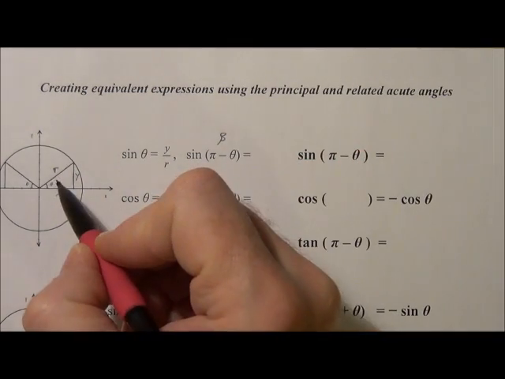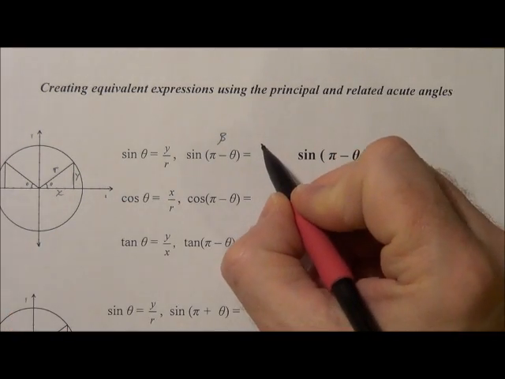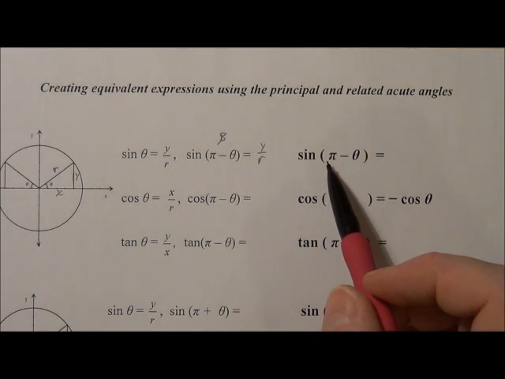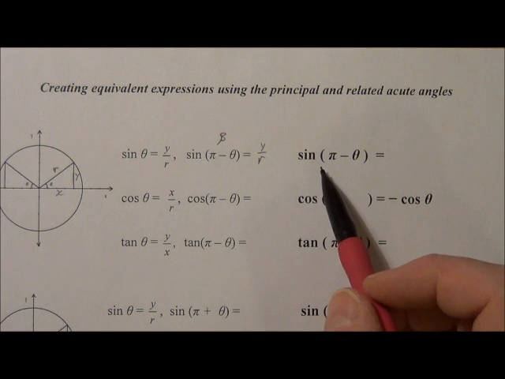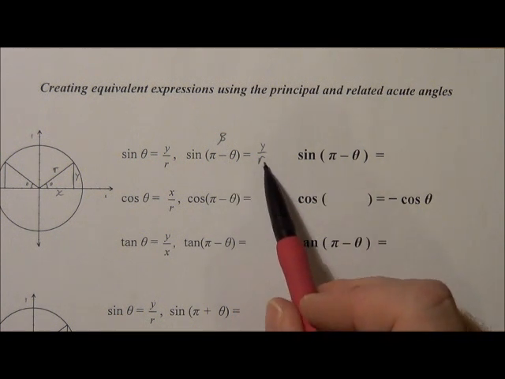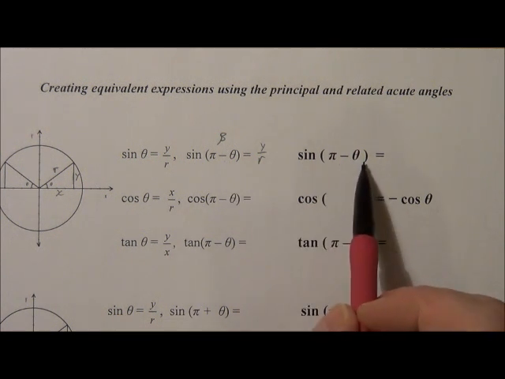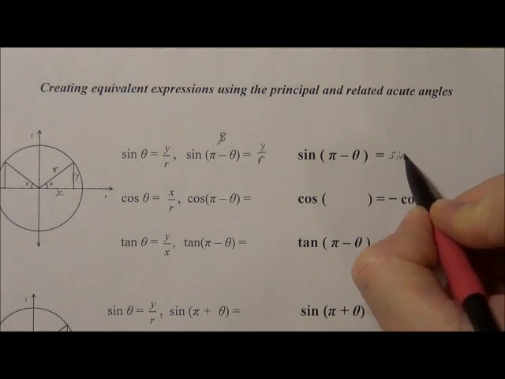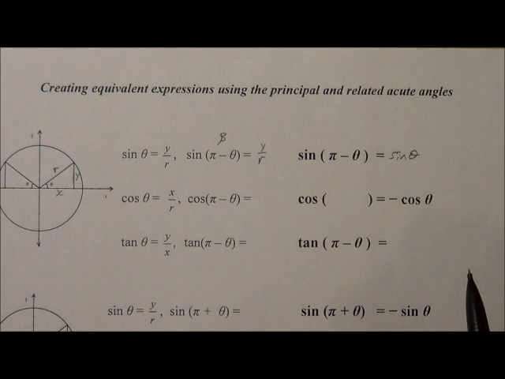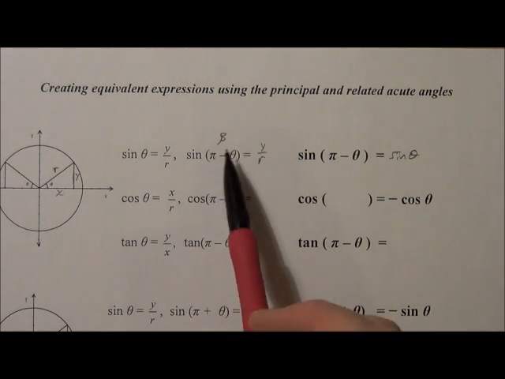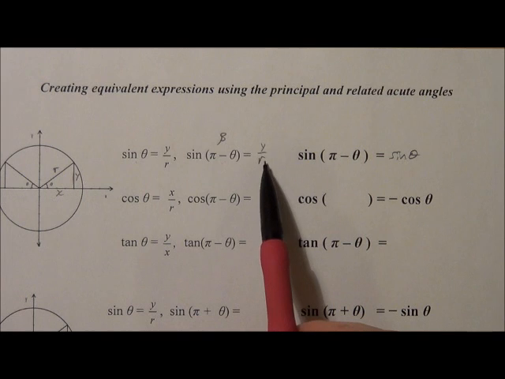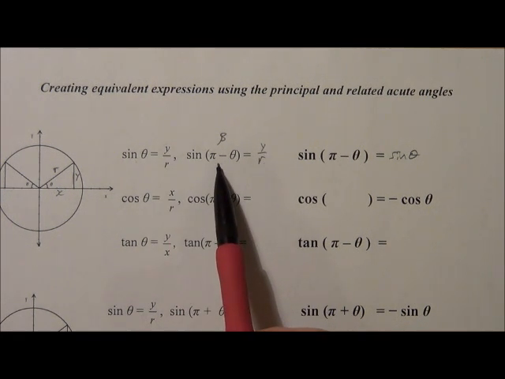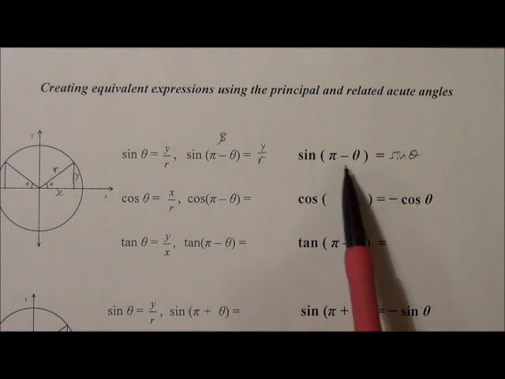That is actually also, again, opposite over hypotenuse, y over r. Which means that sine of pi minus theta, y over r, equals y over r, sine of theta. Okay, so because sine of pi minus theta equals y over r and sine of theta equals y over r, then obviously sine of pi minus theta equals sine of theta.